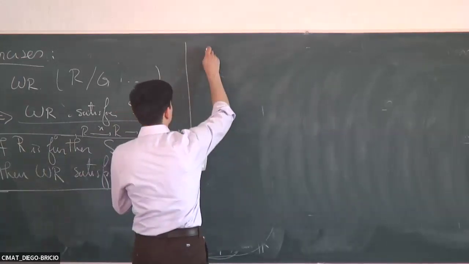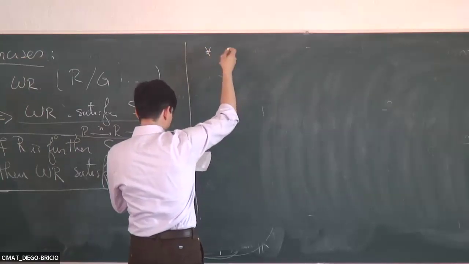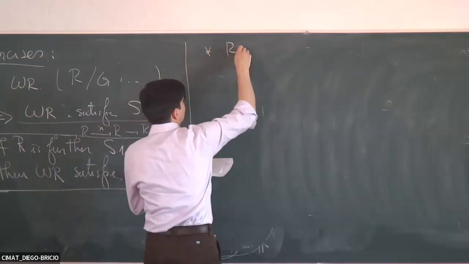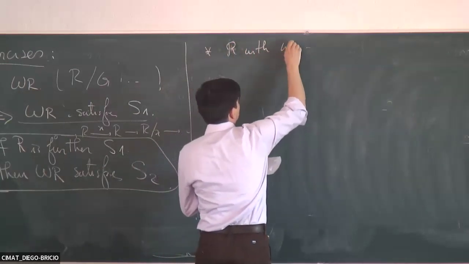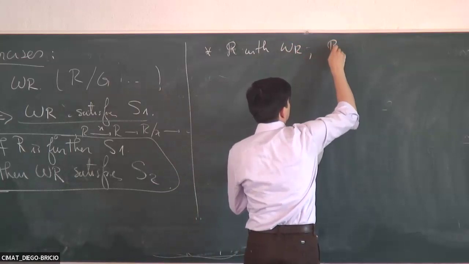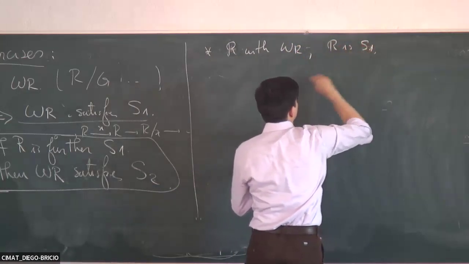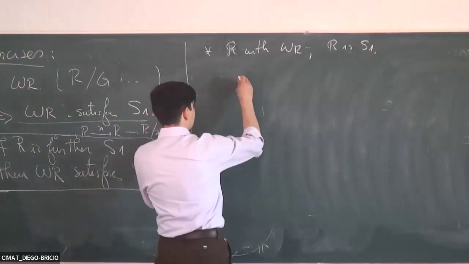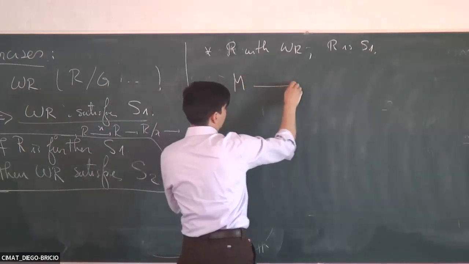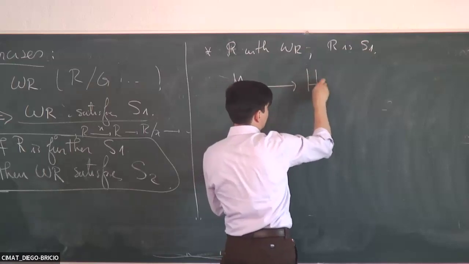So take R as before, in other words, R with canonical module, and assume that R is S1. In other words, R has no embedded primes. And what we need to do is to consider the following canonical map.